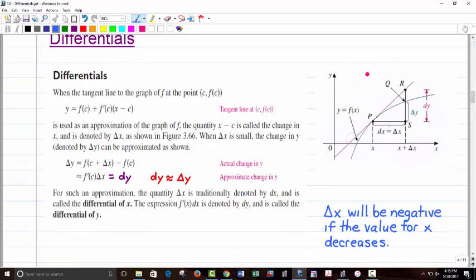Okay. Now I copied this graph from the textbook. It's okay if you don't totally see what's going on here. Anyway, what we are actually doing is we're going to use the derivative to approximate what an actual change in a y value would be from when you go from the first x to the second x.